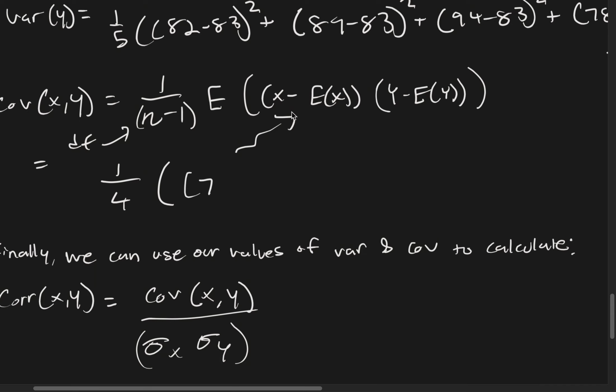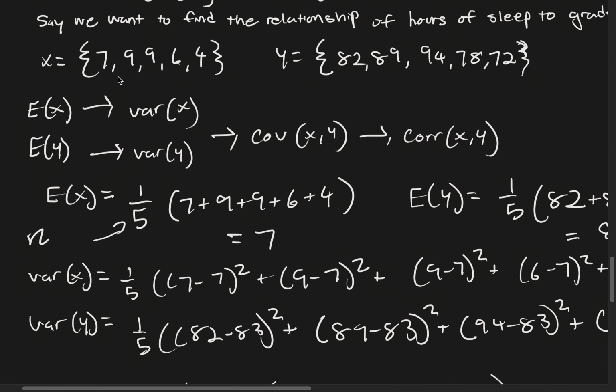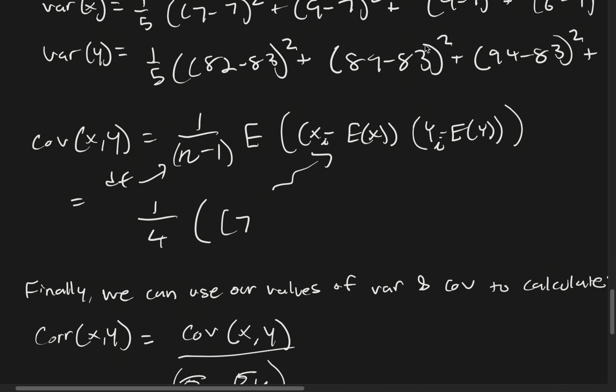So this function might look a little confusing, but an easier way to see this is each x value is multiplied by the same index of the y value. So 7 is associated with 82 here, 9 is associated with 89, the second 9 is associated with 94, 6 with 78, and 4 with 72.